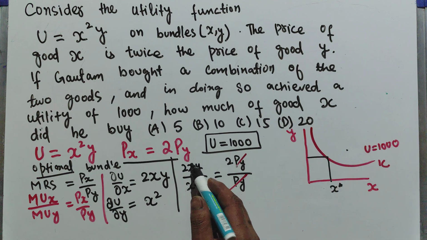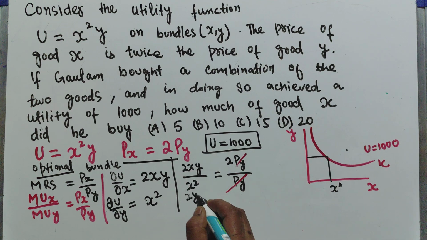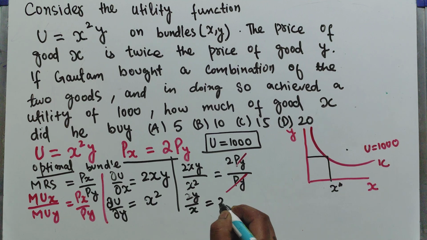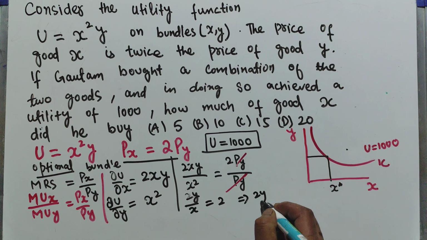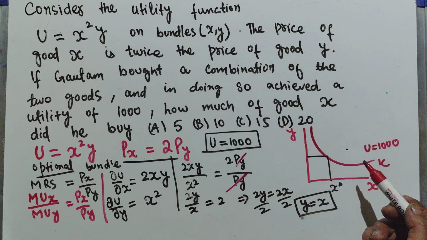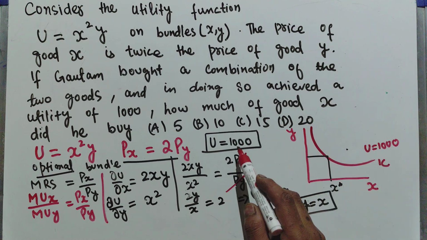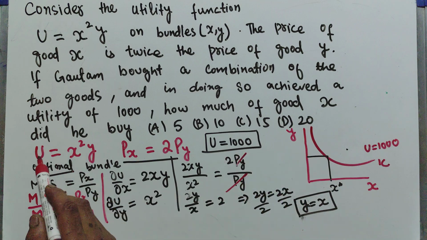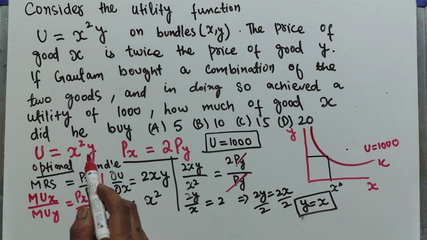So here Py gets cancelled, we are left with 2y upon x is equal to 2, which implies 2y is equal to 2x. Dividing both sides by 2, we get y is equal to x. So when y is equal to x, and we also know that the consumer is getting a utility of 1000 units, in place of u we have x squared y.